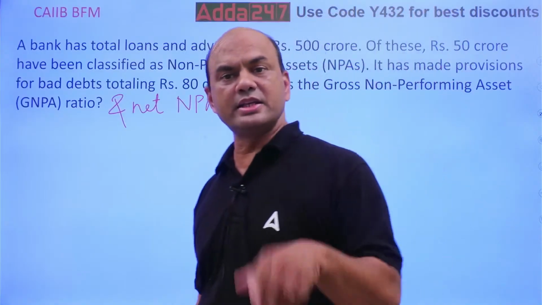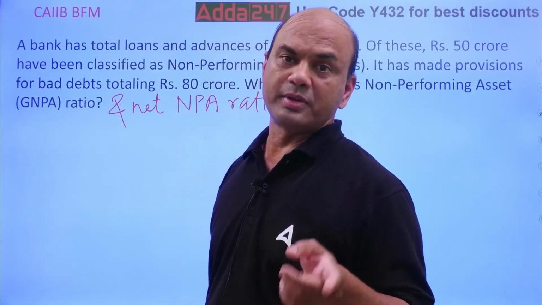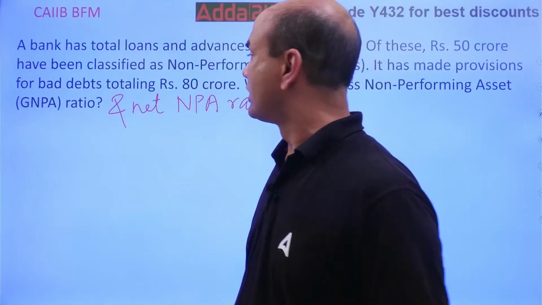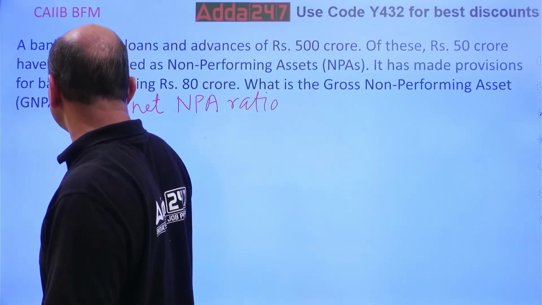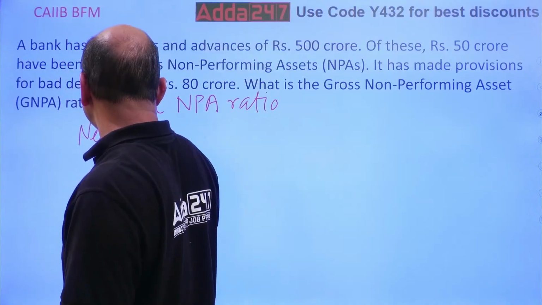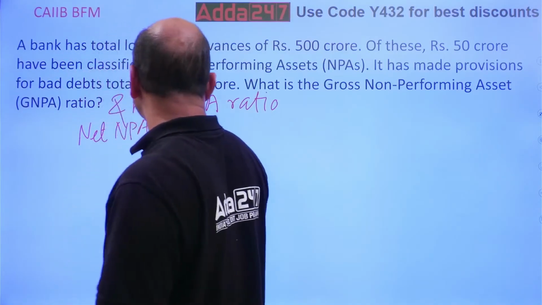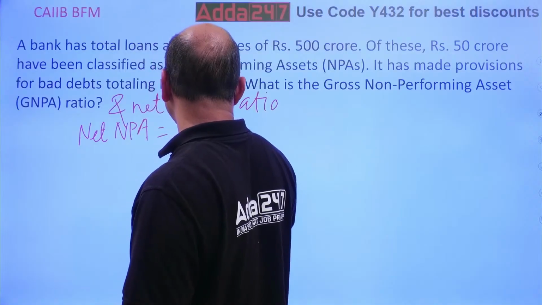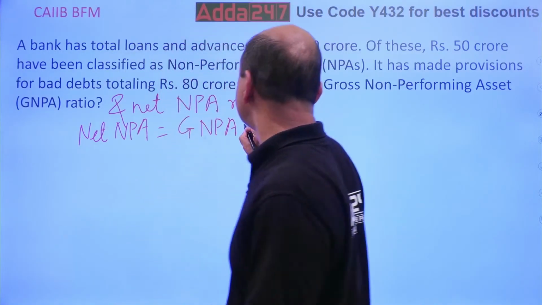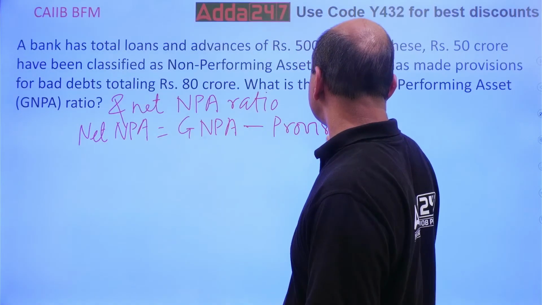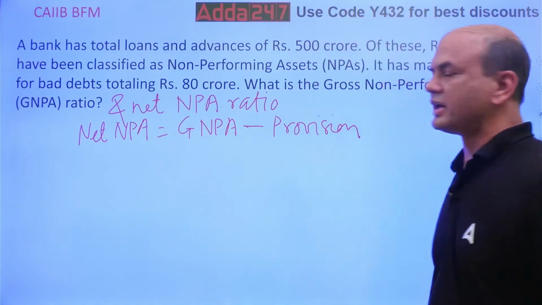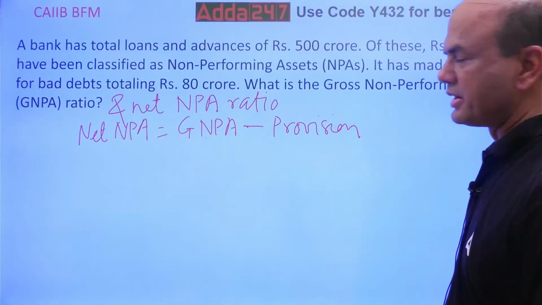Firstly, understand the relationship between gross NPA and net NPA. Kindly note, net NPA equals gross NPA minus provision, whatever the provision is. That is the meaning of net NPA.